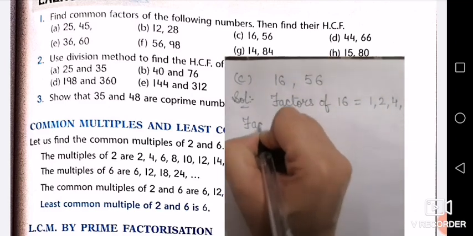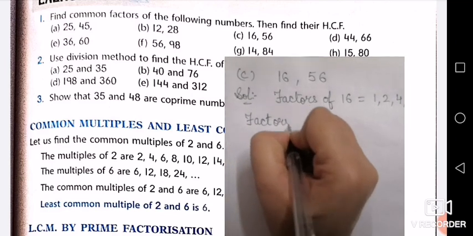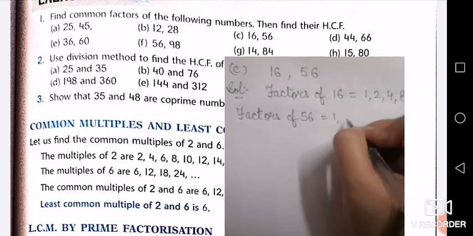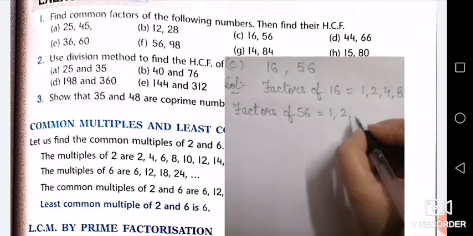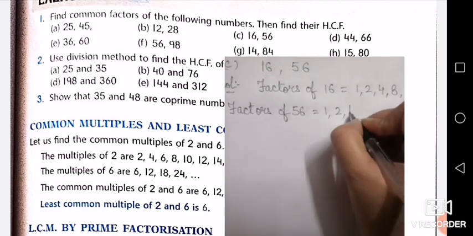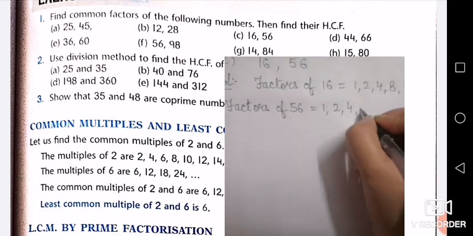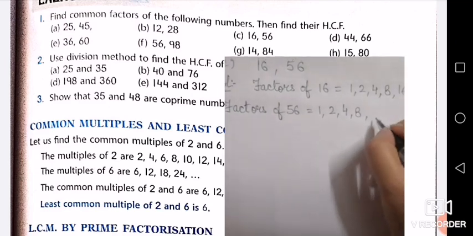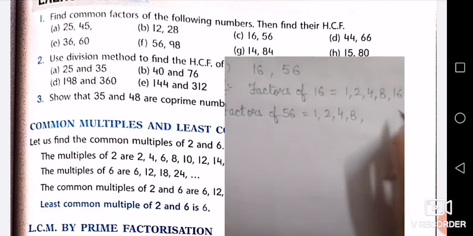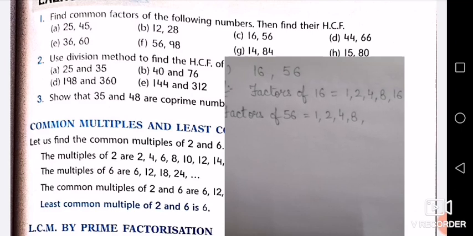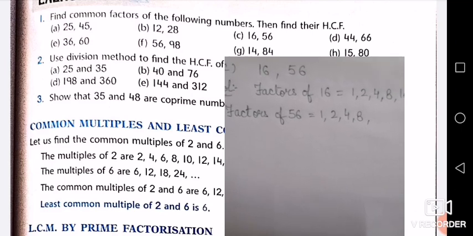Now come to 56. Now factors of 56 you will write, that is 1, 2, then 4, then 8, then after 8 which will be the factor? Fine, you have to find it out, you have to read out the table.